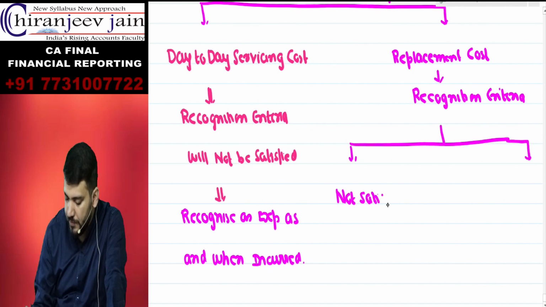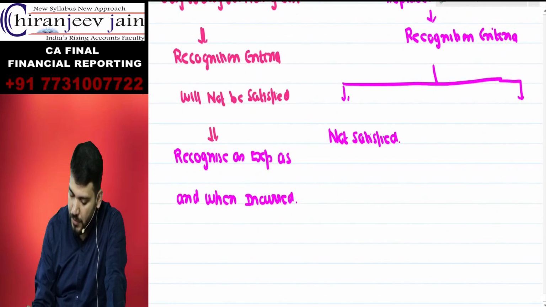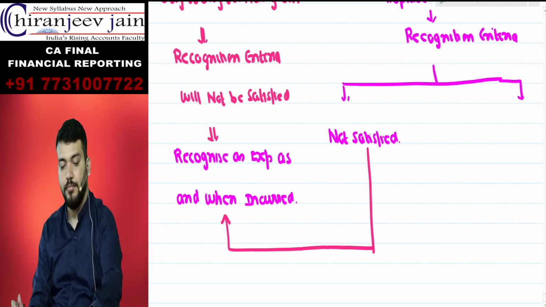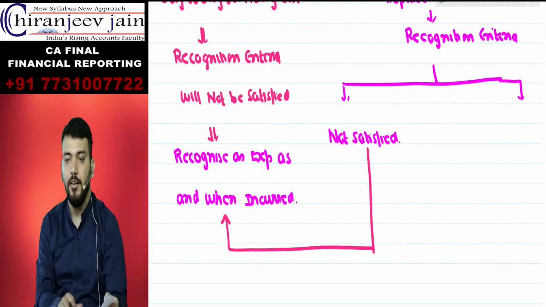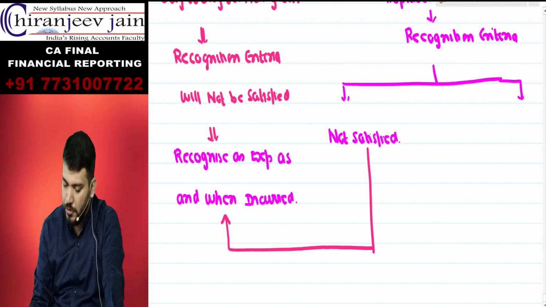Correct na? Then what? Then can I say recognize as expense when they are incurred? If recognition criteria are not satisfied, then replacement cost will be also charged to PL.